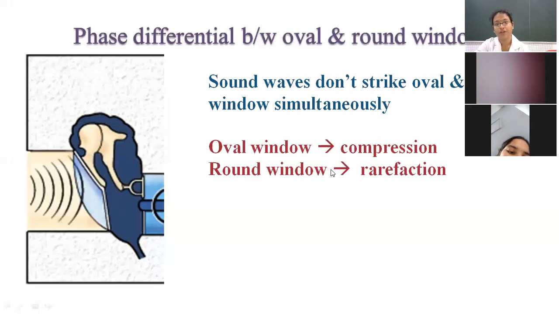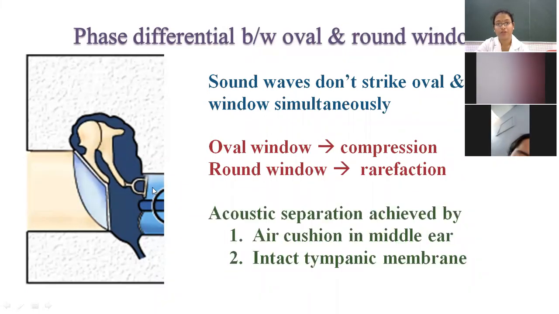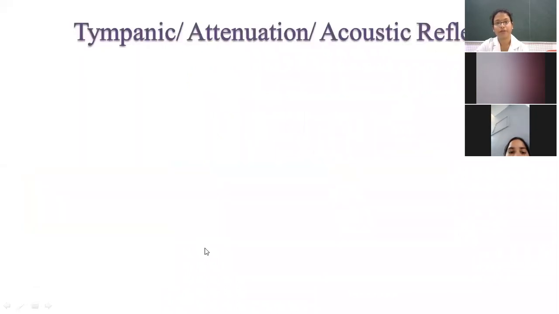If the oval window is in the phase of compression, the round window goes into the phase of rarefaction. Now this acoustic suppression is achieved by the air cushion which is there in the middle ear and the tympanic membrane. Now coming to next.